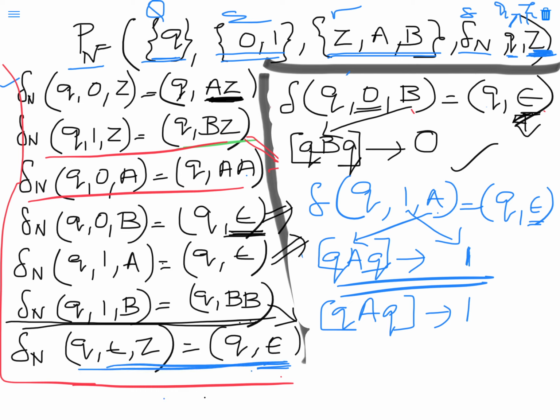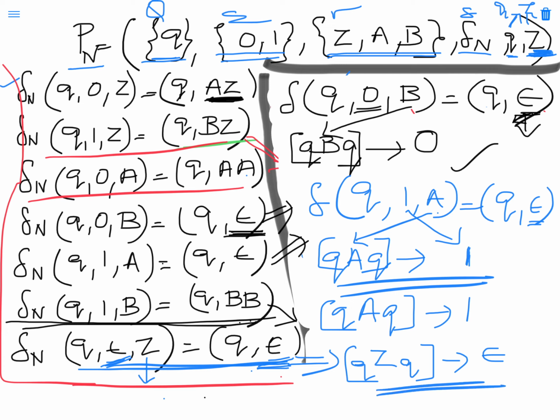Okay, now we can see the last function defined here: delta of q, epsilon, z is equal to q comma epsilon. How can you write it? You place this z in the middle, and q will be placed on the left and right. On the right hand side no stack symbols are there, so no non-terminals, and the input read is epsilon, so the right hand side will be epsilon with no non-terminals.